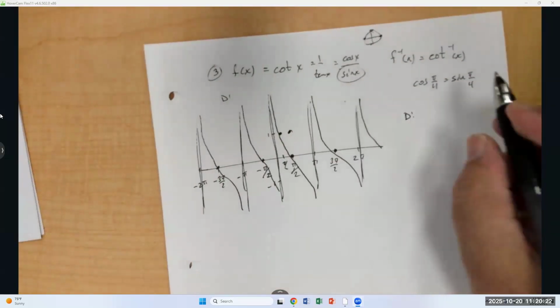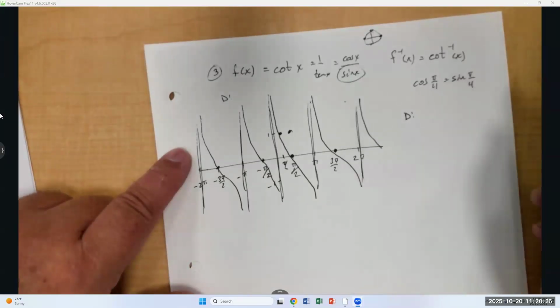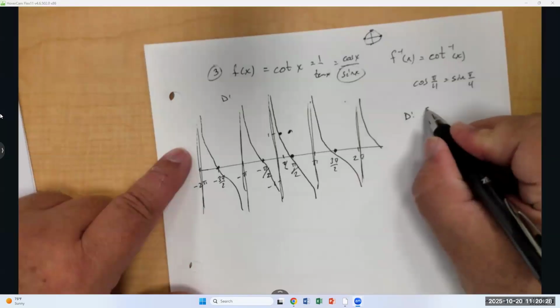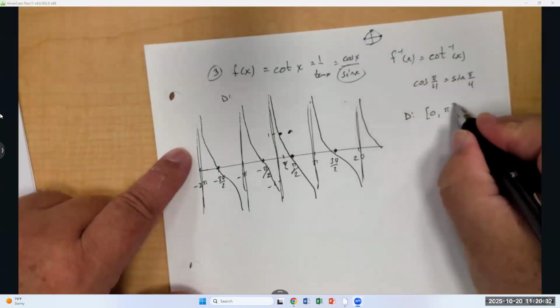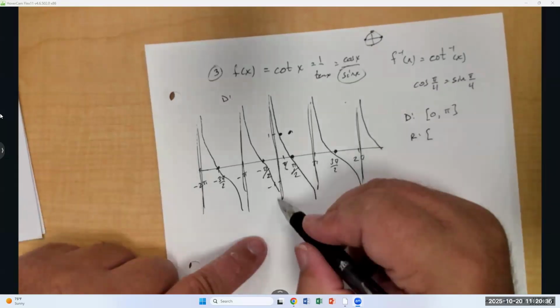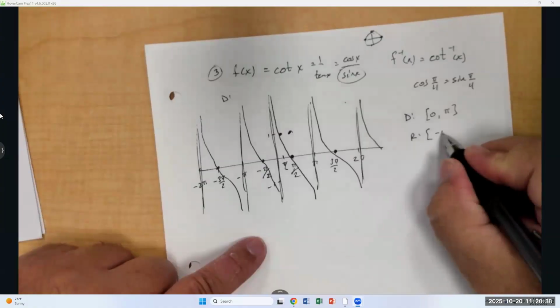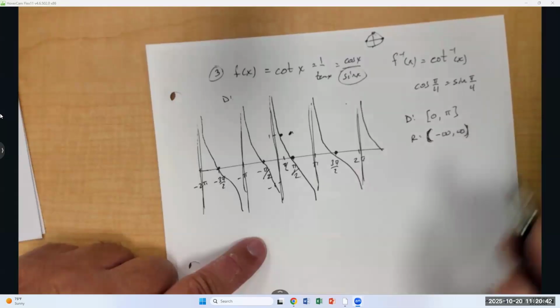So the domain of the cotangent function is between 0 and pi. The range is from negative infinity to positive infinity. It's parentheses.